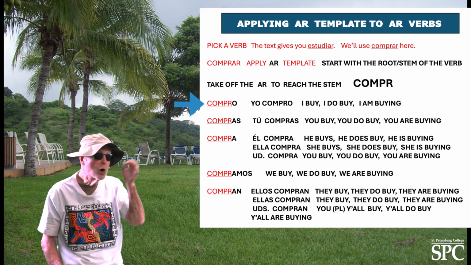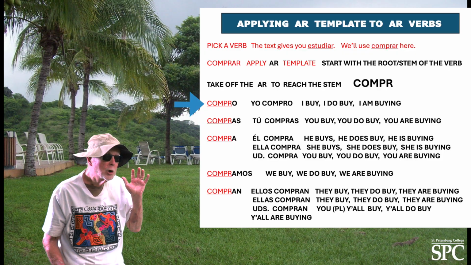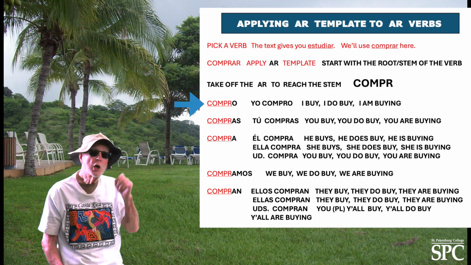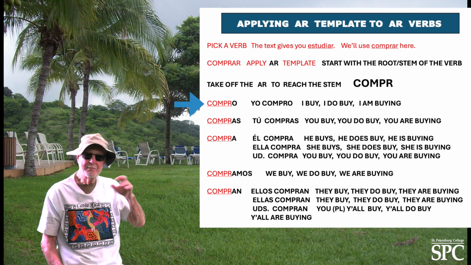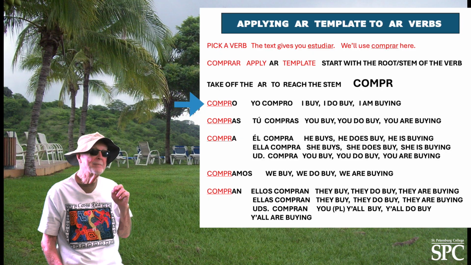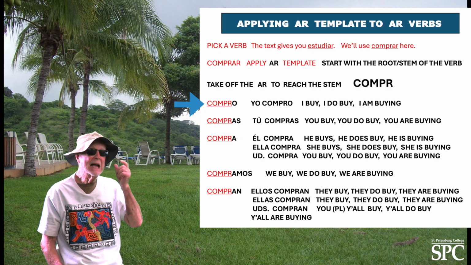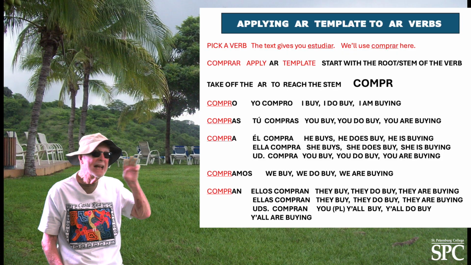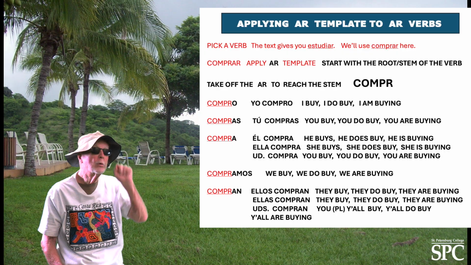And you can say yo compro or just compro. Compro lápices. I buy pencils. But you can also say yo compro lápices. It makes no difference. So, looking at yo compro, what does that mean? I buy, I do buy, I am buying. All three English translations in that one little word.